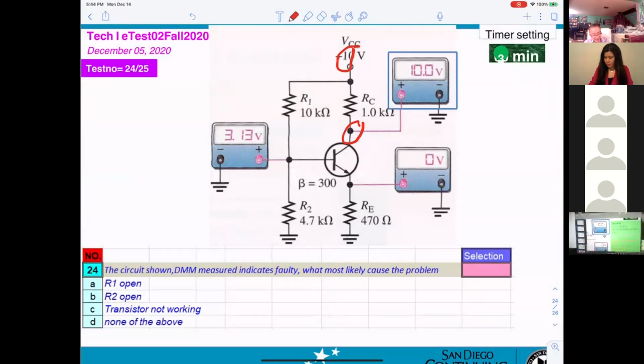Right, exactly. Transistor not working. So that's why it's open here. No current can flow down through the transistor. So that's why no voltage drop across the RC. And that's why you get 10 volt at VCC and at VC you still get the same 10 volt. The answer will be C.